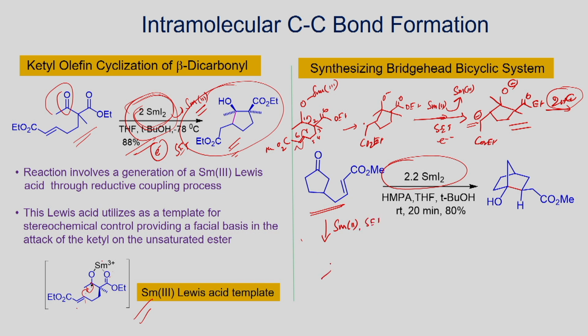You can convert it into the ketyl radical. Once you have this one, it can now undergo cyclization, again a 5-exo cyclization, and you will be able to get this.